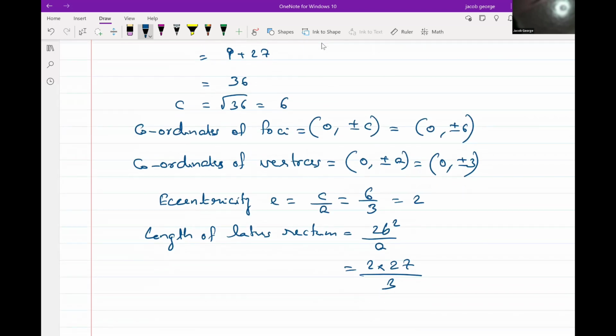So 3 and 27 will go, 9 into 2, 18. Okay, so this is the length of latus rectum. That is 18 units. Hope you all understood this one.